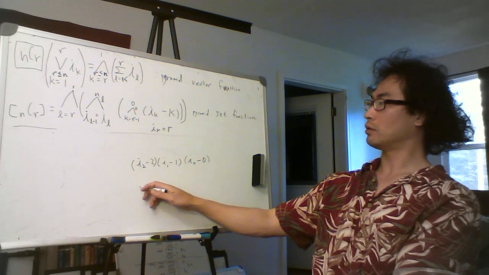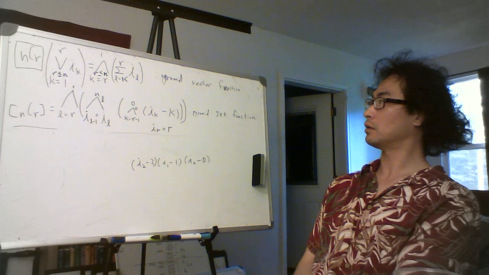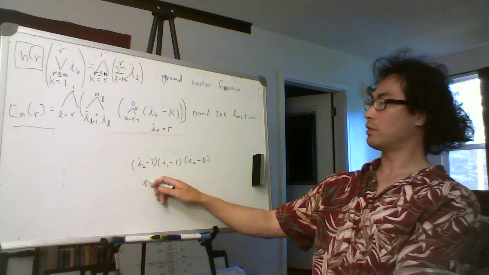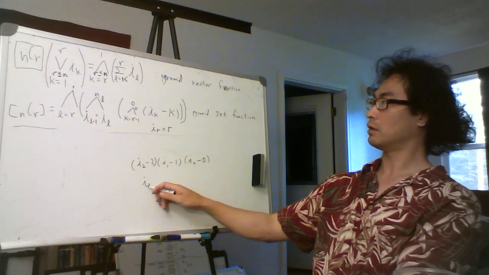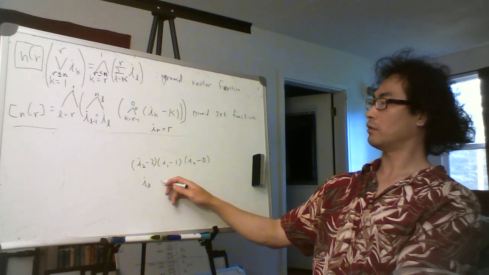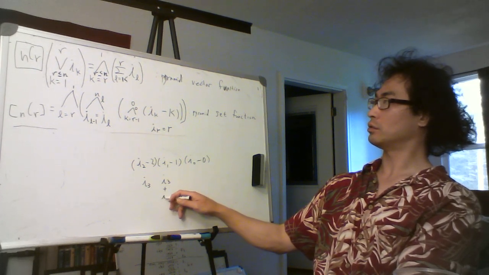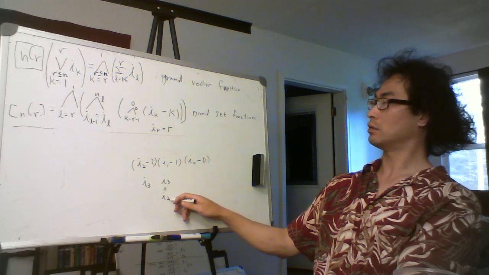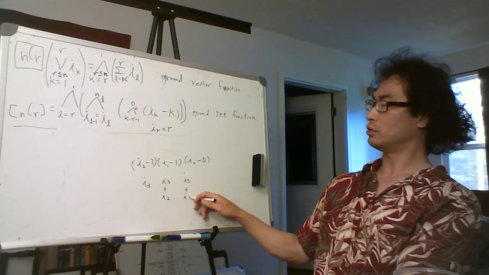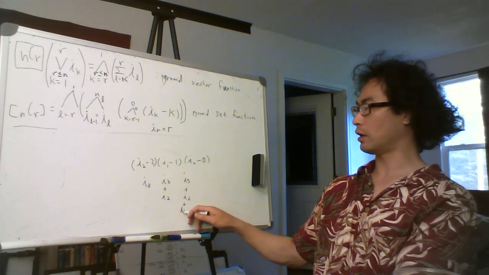It's something like this: you have I3, and then you have I3 plus I2, and then you have I3 plus I2 plus I1, okay?